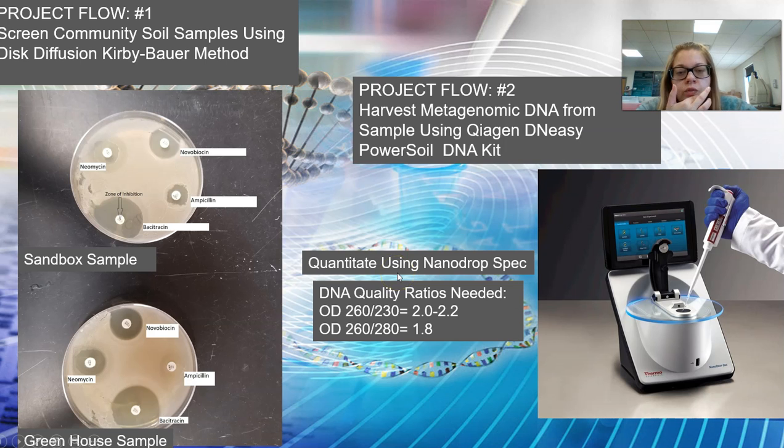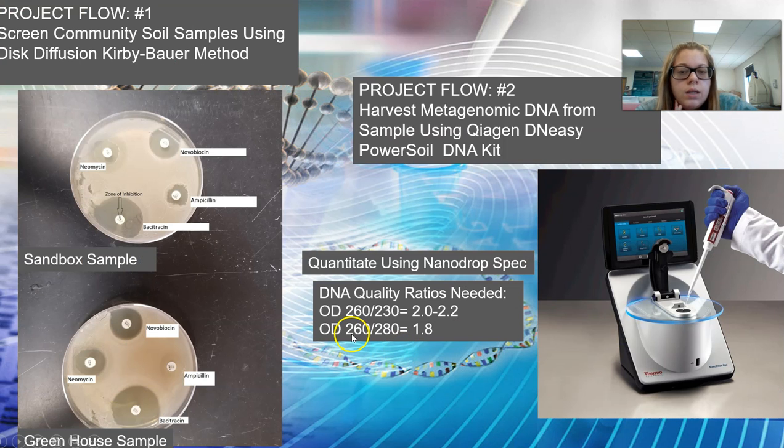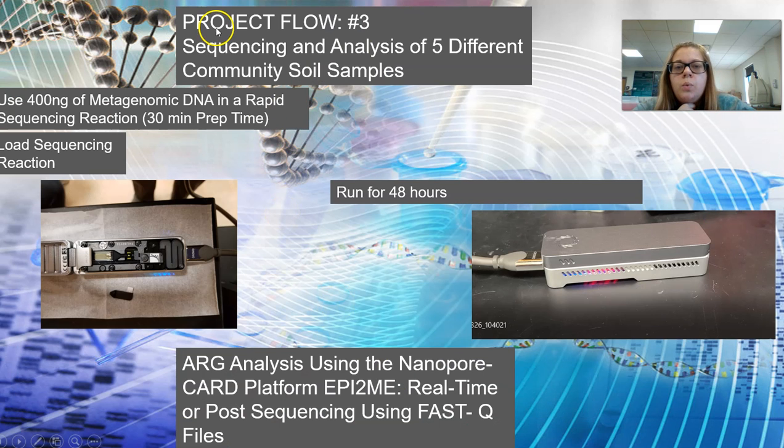We were looking for quality ratios of OD 260 to 230 and OD 260 to 280. And then we moved on to our third step, which was actually sequencing and analyzing the DNA.